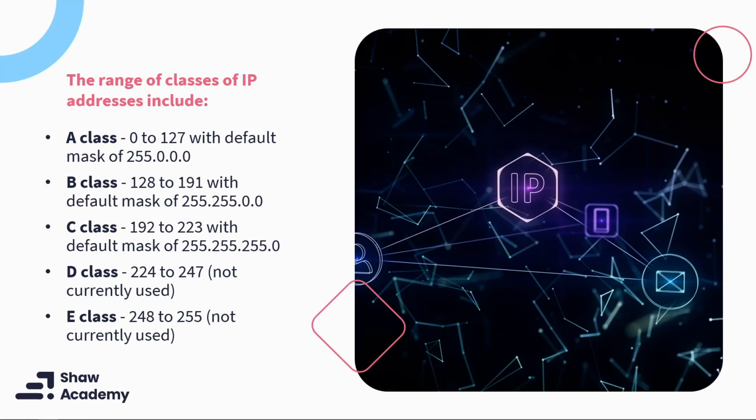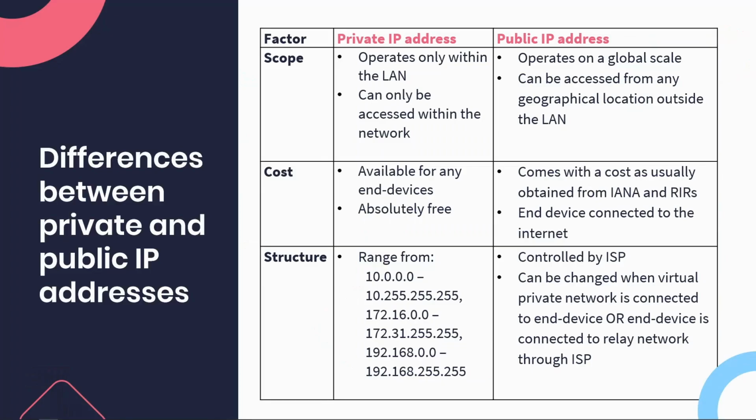And D class is 224 to 247, not currently used. And E class is 248 to 255, also not currently used. You will also find this table in the summary notes for this lesson, or you could snap a screenshot of it and save it to look at it more closely later.